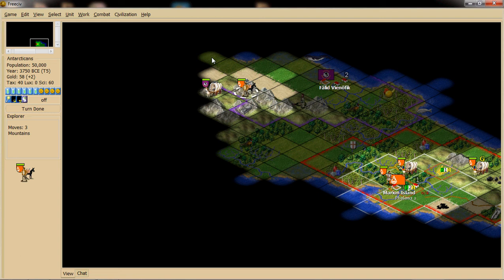Just because you're in one unit's zone of control doesn't mean you can move to a tile that's in another unit's zone of control, whether he's from a different nation or it's a different unit of the same nation. Zones of control are zones of control. You cannot move from any zone of control to any other tile that's within a zone of control. So that's something to keep in mind.